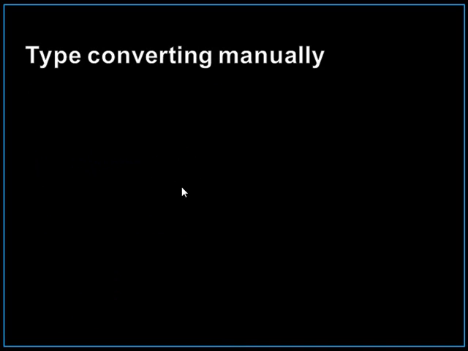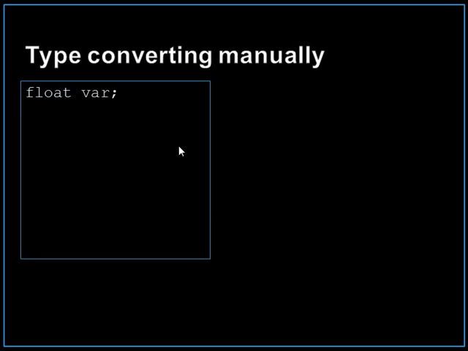Now that was type conversion happening automatically. The compiler automatically type converts that. But there arise some situations where you have to type convert manually. If you take this example, you first declare a floating point variable var, then you assign var the value of 7 by 2.